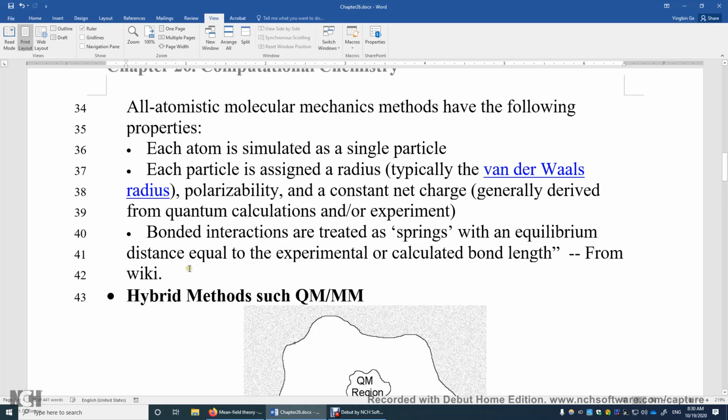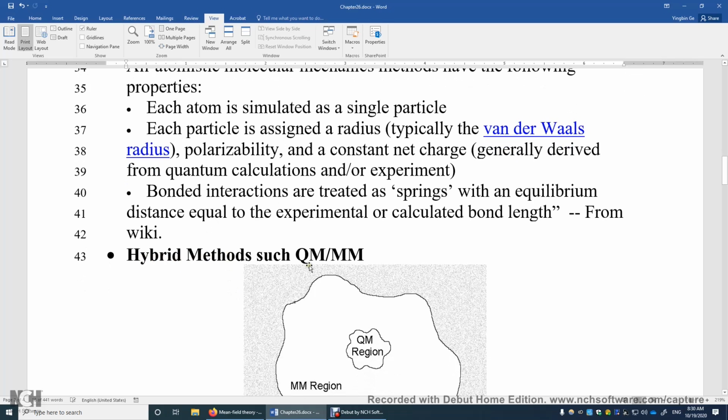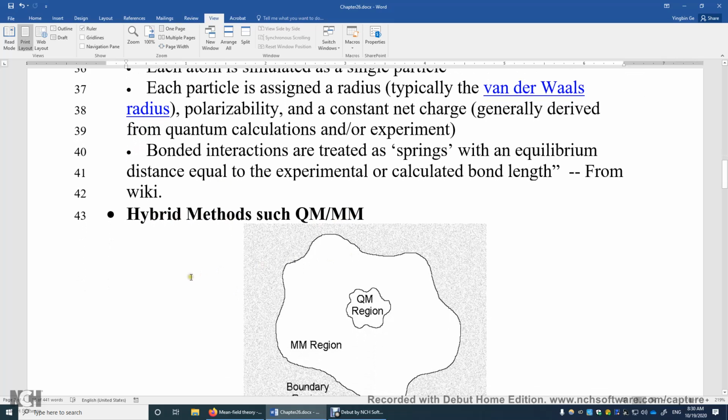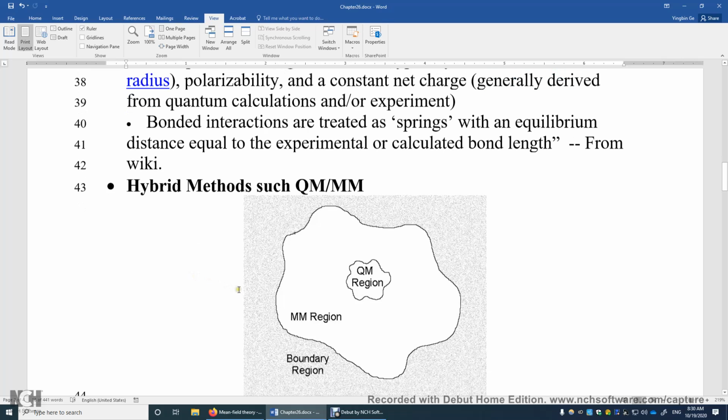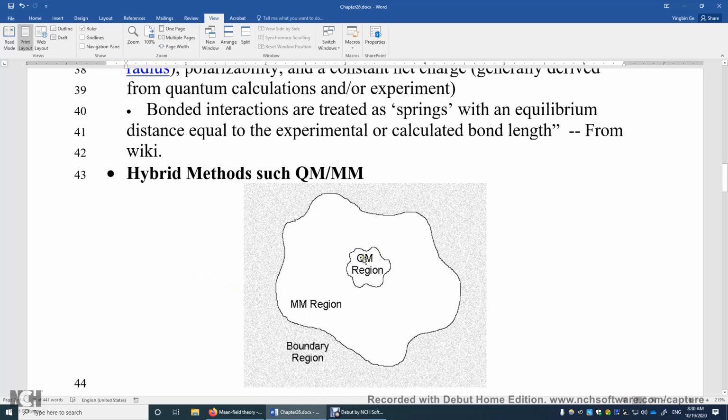And sometimes we use a so-called hybrid method, such as QM/MM, to calculate a fairly large system. The idea is this: we use the quantum mechanical method or ab initio method to look at a small region, the most important region, with accurate ab initio methods.